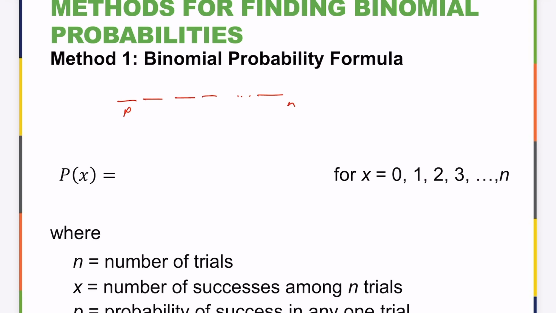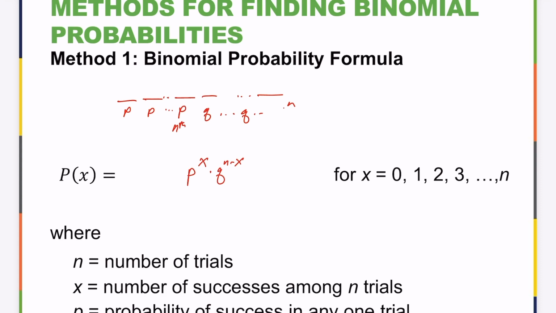Well, that happens with probability P. The second one is a success with probability P. And then the Xth one would need to be a success with probability P. The rest need to all be failures. So that's Q, the probability of each of the next ones is Q, all the way up to N. So I end up needing X successes times Q to the N minus X failures.